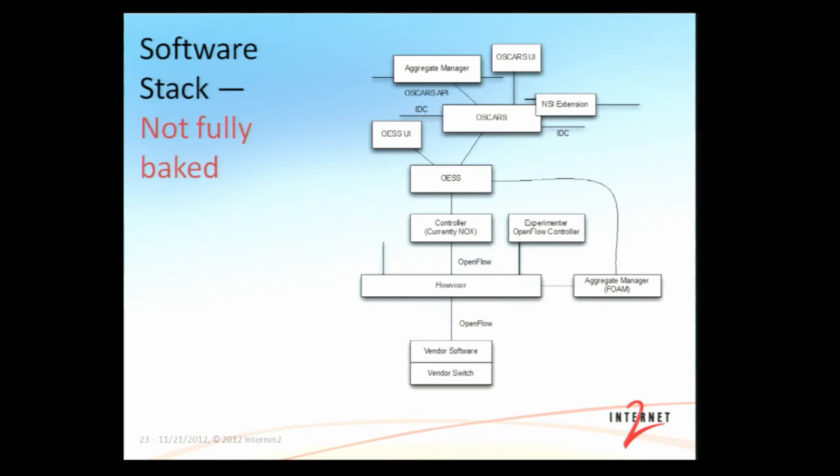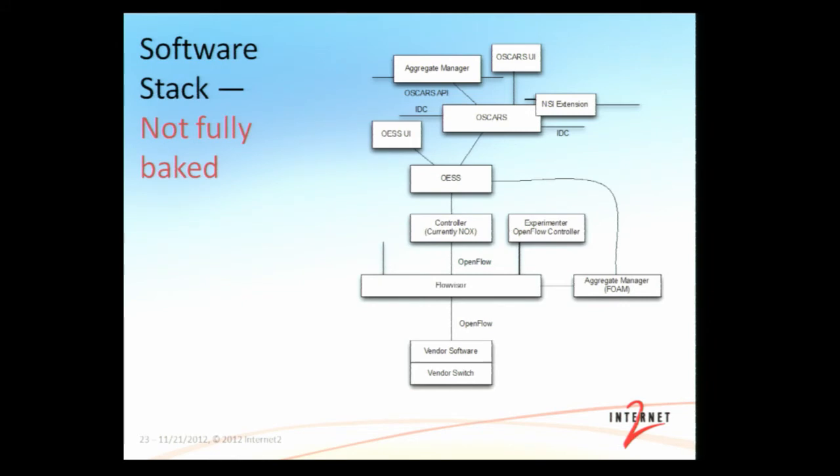We've also committed, and this slide is not fully baked, so there are probably problems with it, to implementing the full Genie API by May of next year on our production infrastructure. That can mean a variety of different things. Some folks doing Genie experiments really only want layer 2 VLANs, but rather than thinking of it as OSCARS east-west or NSI east-west, they have the concept of aggregate managers.